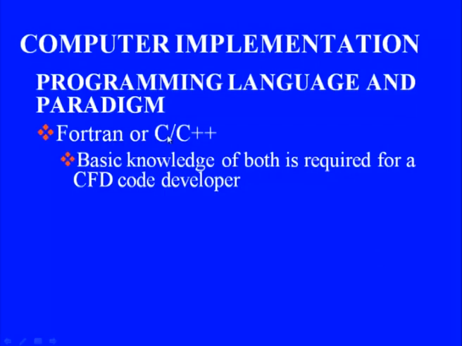Fortran language was developed exclusively for scientific programming, and so lots and lots of work is available in Fortran. There are many libraries available in Fortran. The majority of the codes available in the commercial and free domain are based on Fortran, and if you want to make use of those libraries, you must have a working knowledge of Fortran and a good knowledge of C or C++.